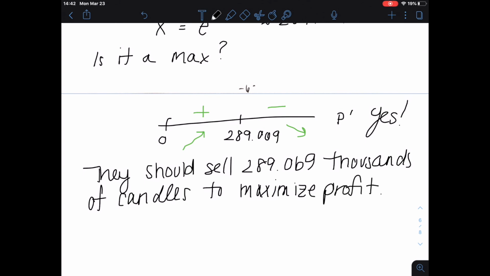Okay. So these types of functions appear a lot in realistic scenarios. So our next section is going to go over some of those applications.